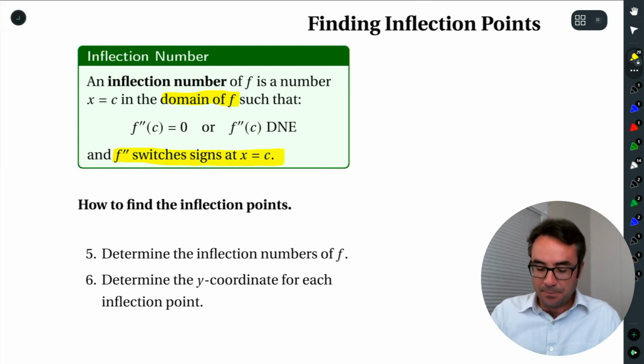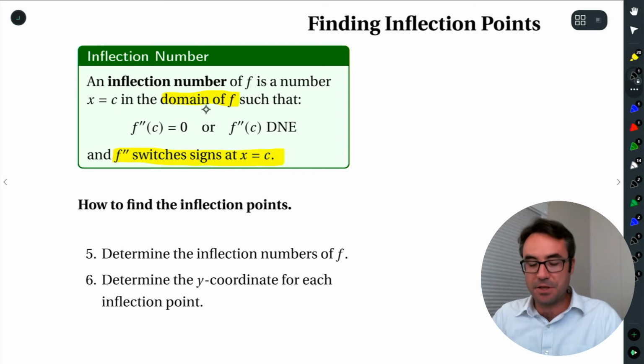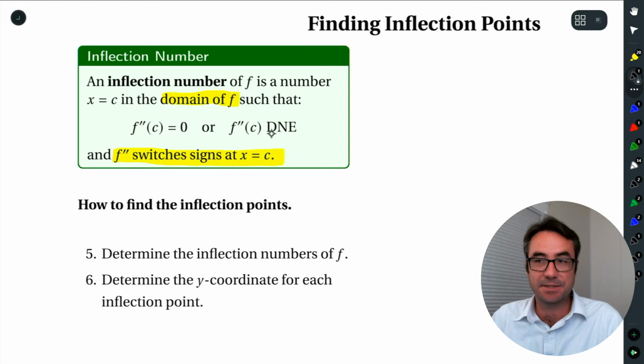So with these inflection numbers, there's a little bit more going on. It needs to be in the domain of our function. Our second derivative has to switch signs there. And either the second derivative is 0 or the second derivative does not exist.